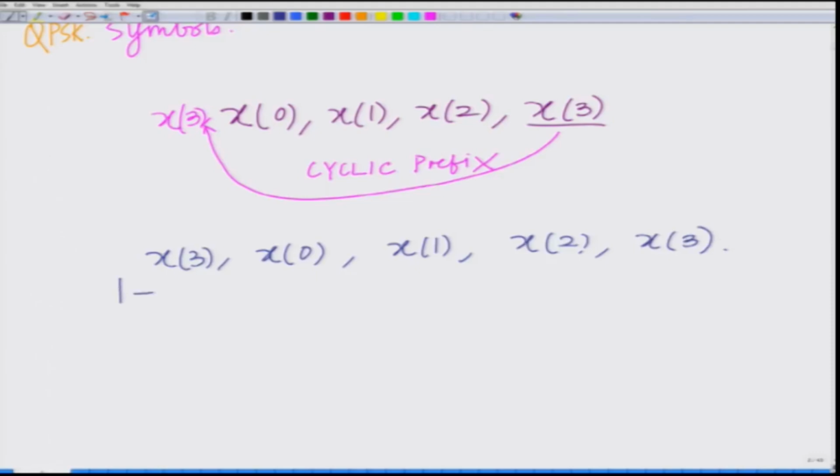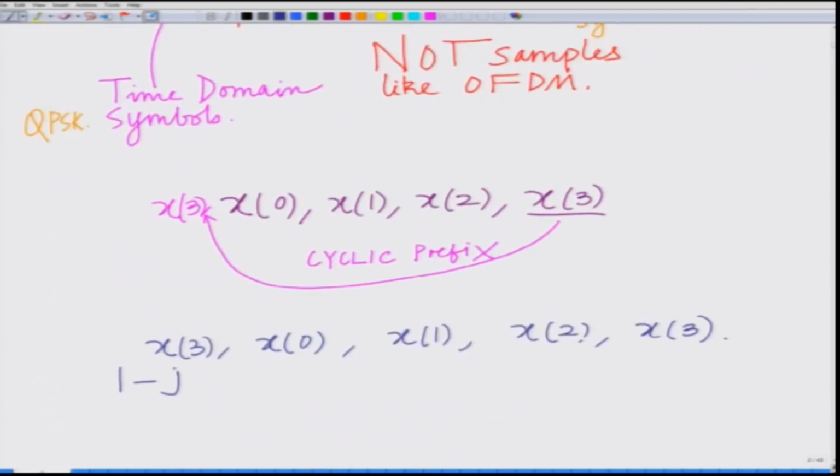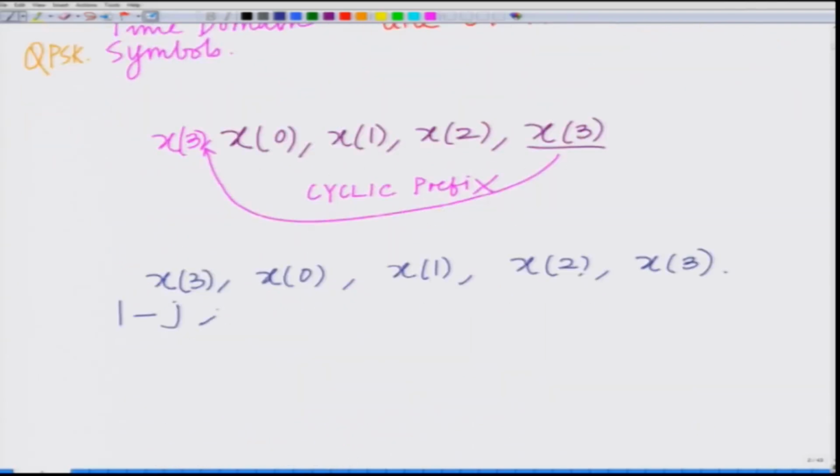X3 is 1 minus j, you can see from above. x0 is 1 plus j, x1 is 1 minus j, x2 is -1 minus j, and again x3 is 1 minus j.